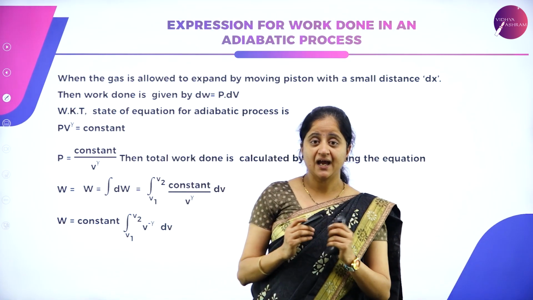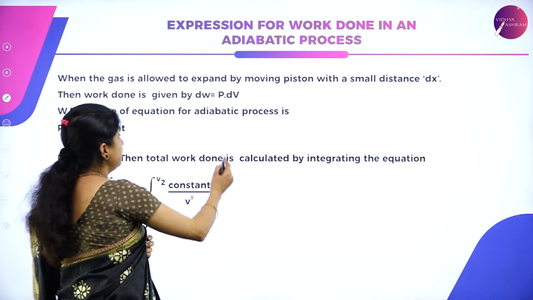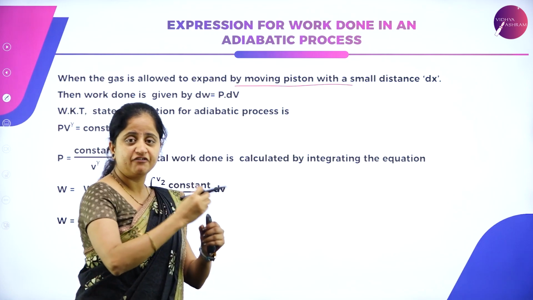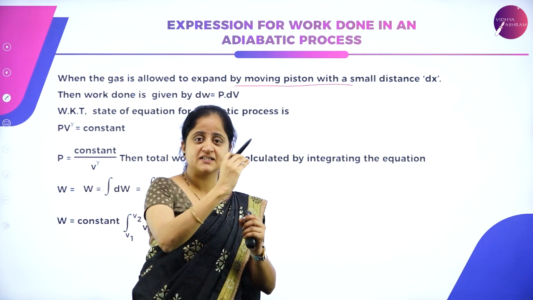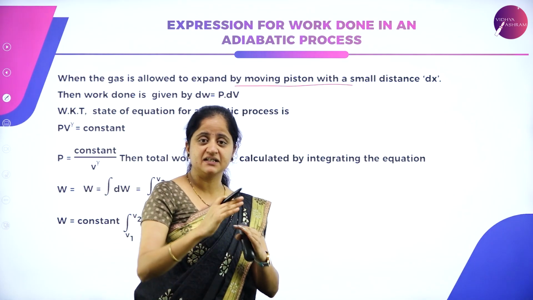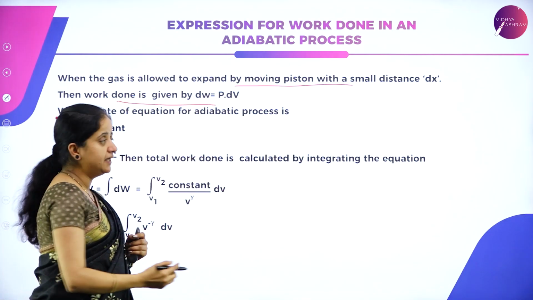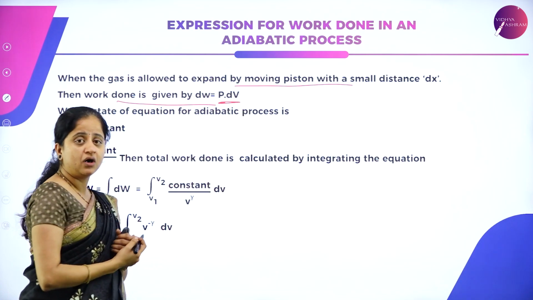Now, when the gas is allowed to expand by moving the piston through a small distance dx, the gas inside the cylinder will expand. The work done is given by P dV.